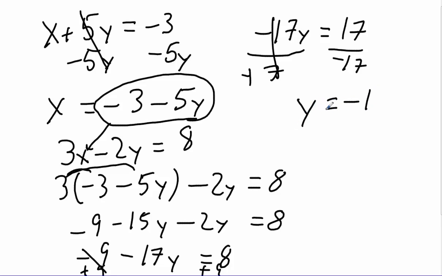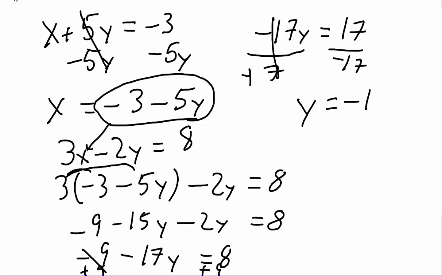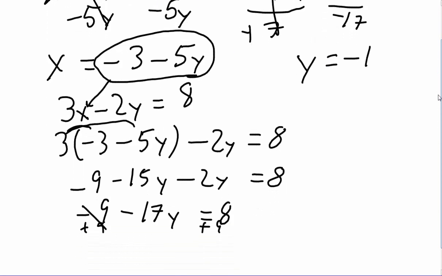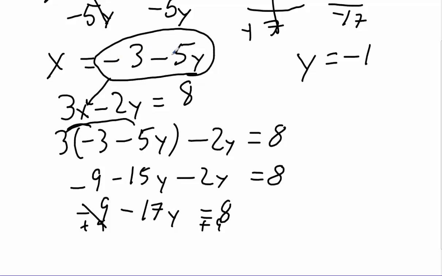Okay. So now we have y. Just like in our other example, we must also find x. The nice thing here is that we know that x is equal to negative 3 minus 5y, and y is equal to negative 1. So we can just substitute the negative 1 in for this y.